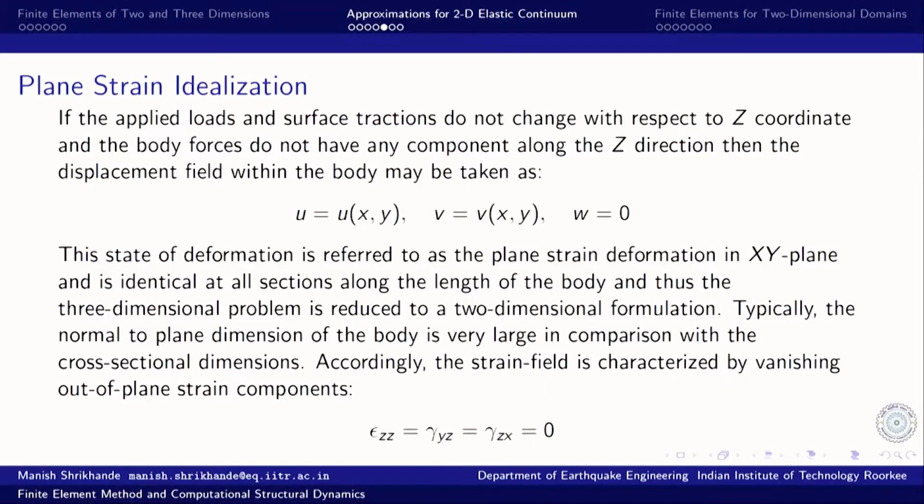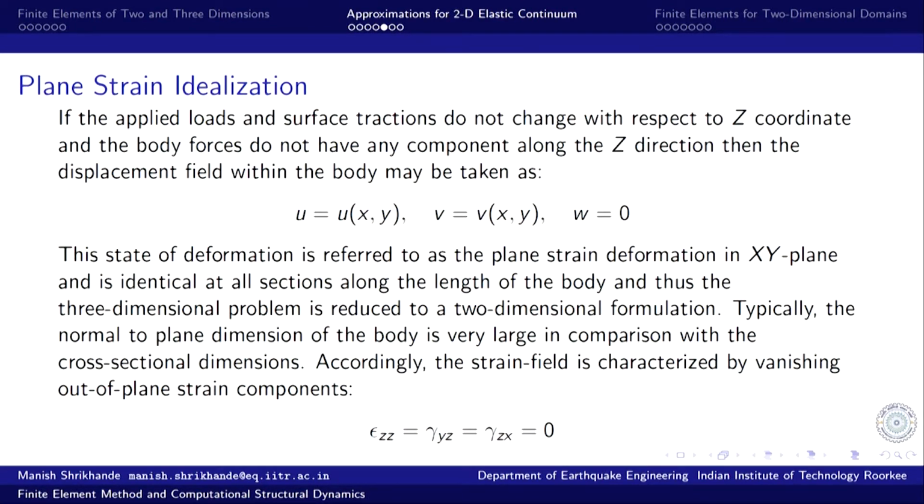We look at the cross section and we get a fairly good idea about what is happening in the entire system. With respect to z, it is the same picture that will keep on repeating for different values of z coordinate. So, that is one idealization.